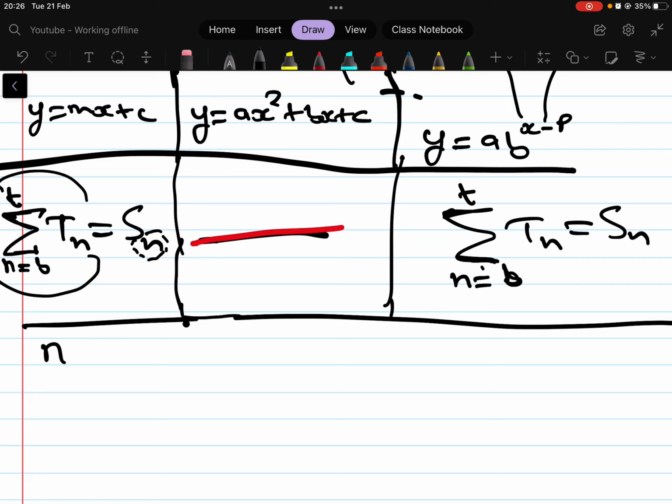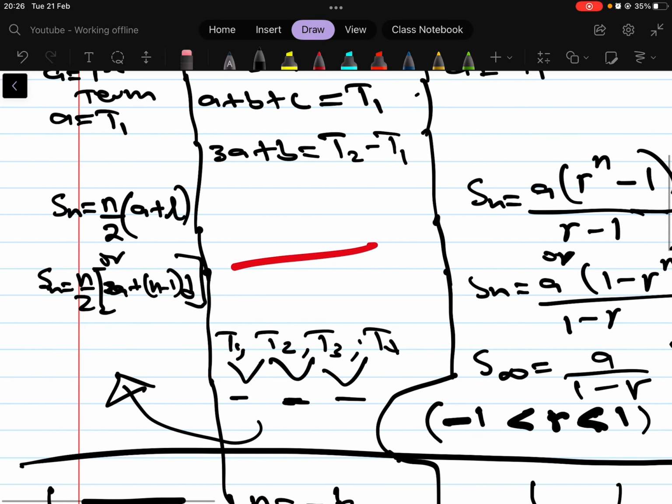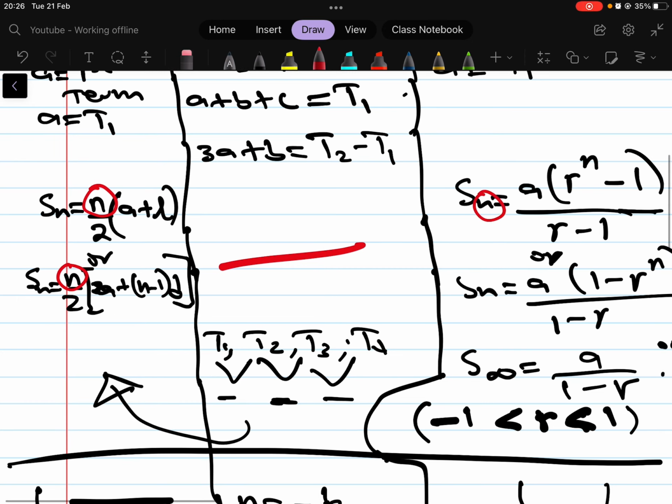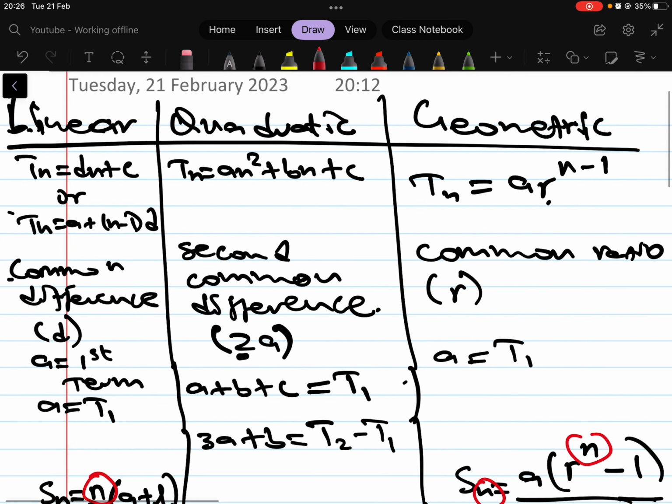To calculate n, because when you are summing the terms of a sequence or a pattern, you need to know how many of them you are adding together. The n here stands for how many terms you are adding together. However, the n in the general equation stands for the position of a term.